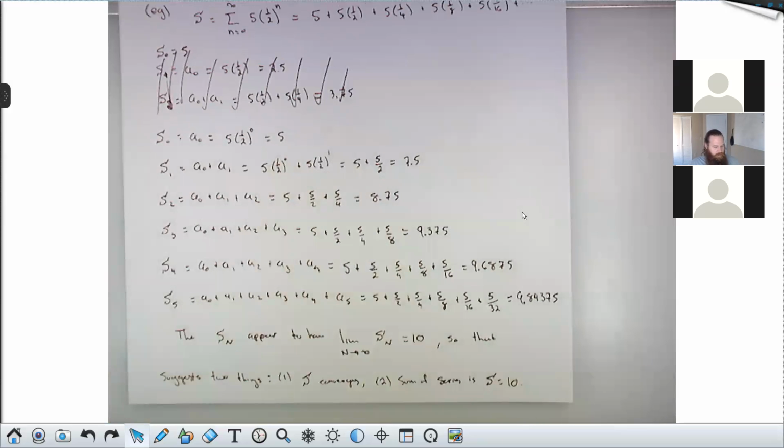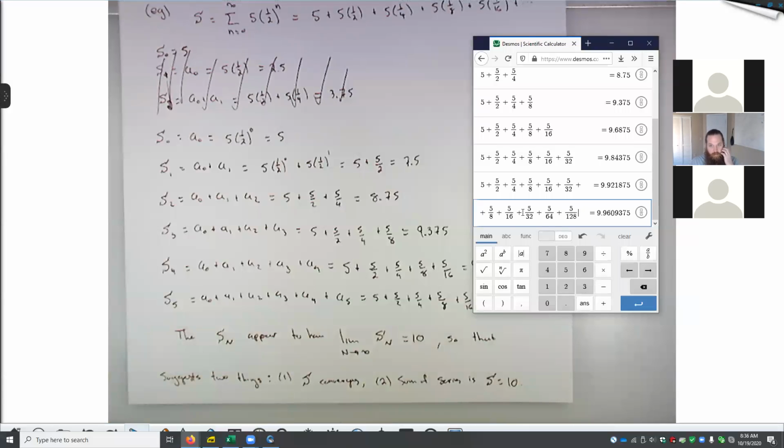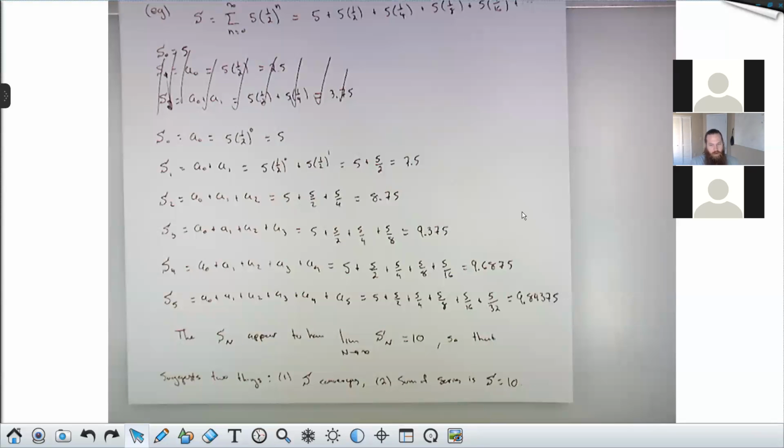Based on this list and the few extra ones that I did in the calculator, I'm guessing that these are getting closer and closer to 10, but it could be 9.999 rather than 10, who knows? And secondly, it kind of takes a minute, right? Writing all these things out, computing the sum of the finite series here, Sn, and then guessing at the limit. It's just not very rigorous, and it's not very fast, and it's not ideal at all.